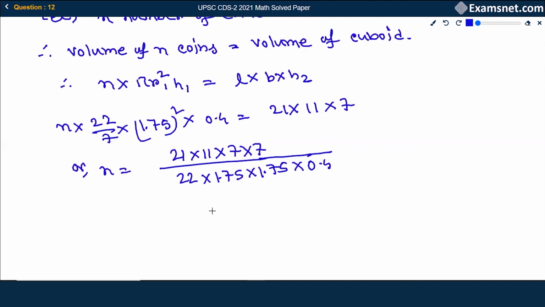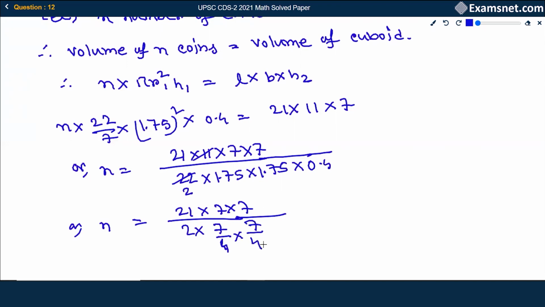Now look, we can further simplify it. If we convert 1.75 into a fraction, we will get 7 by 4, and 0.4 becomes 4 by 10.